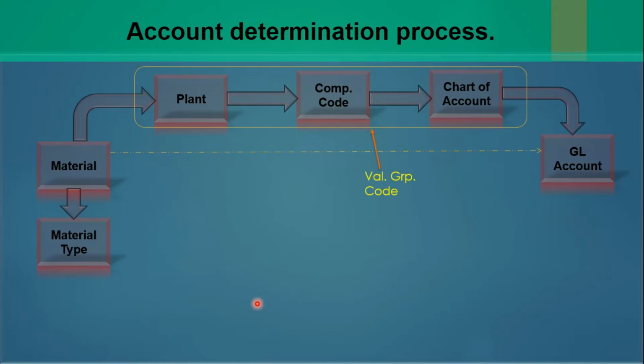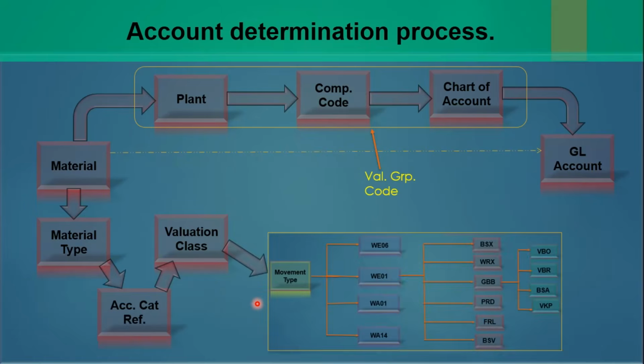At the same time, whenever we create a material, we also select the material type that we want to create. This material type decides the valuation class for that material, but not directly. It decides through the account category reference. Further, once the material movement is done, then according to that movement type, the appropriate valuation key will trigger.